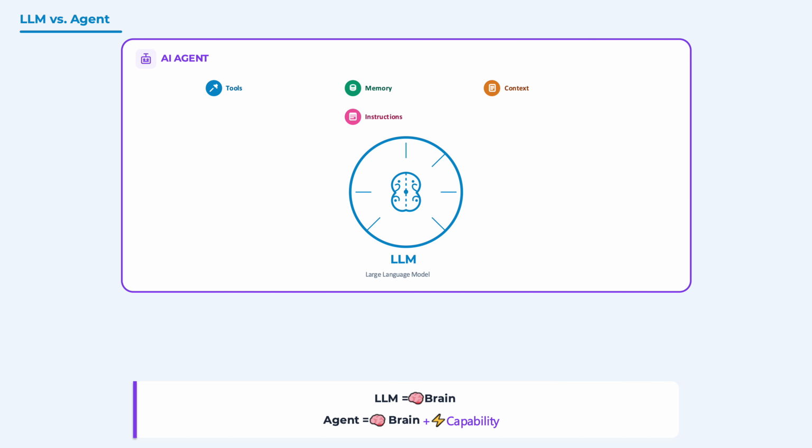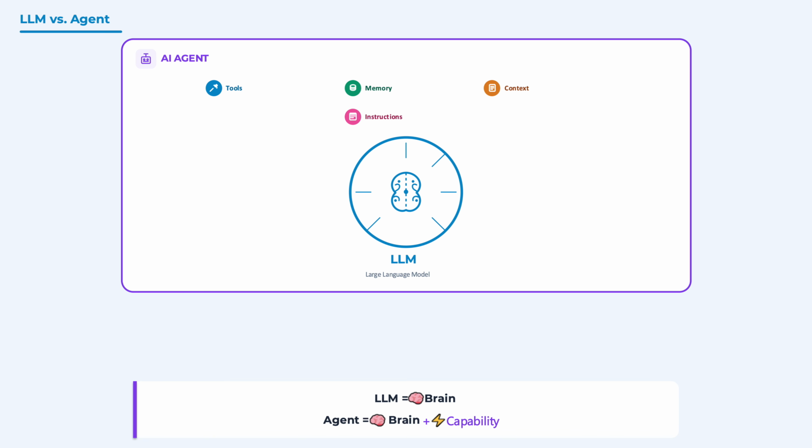Now let's talk about another important distinction. The difference between an LLM and an AI agent. An LLM, or large language model, is the AI model. For example, you can think of the LLM as the part that can understand language, generate text, interpret instructions, analyze information, and help decide what to do.